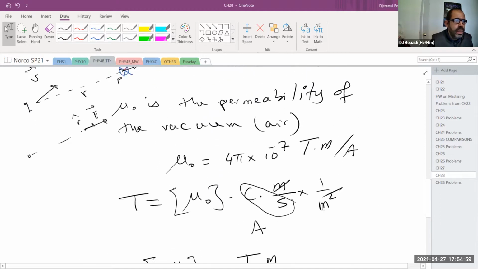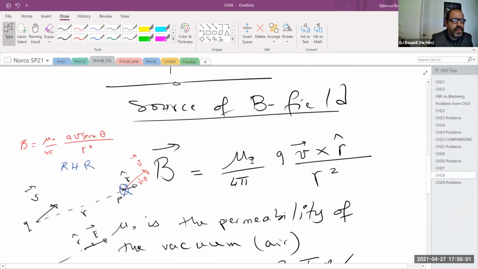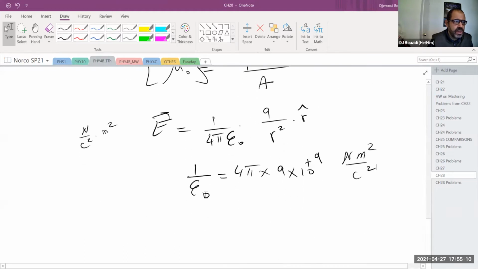This one, actually, you multiply by mu naught, and mu naught is still small. So from the get-go, it looks like there's two scaling values. One of them is the permittivity, epsilon naught. And the other one is the permeability.